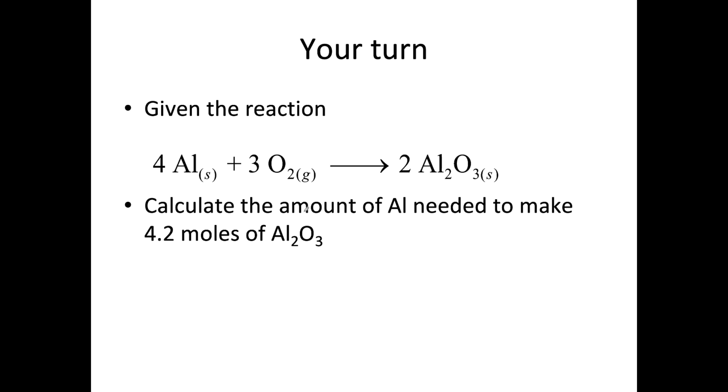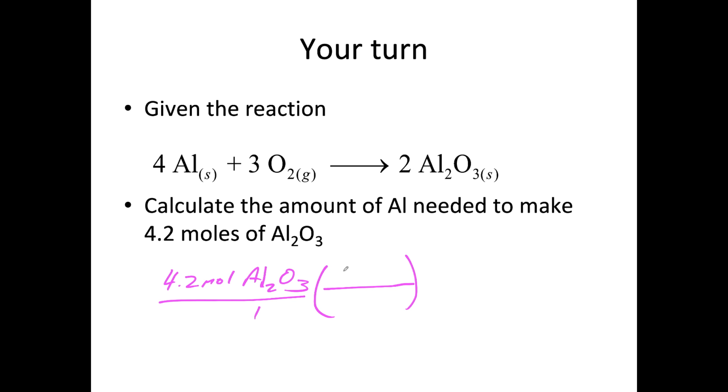Now here's another reaction for you guys. We have 4 moles of aluminum and 3 moles of O2 to make 2 moles of Al2O3. We need to make 4.2 moles of aluminum oxide. How many moles of aluminum do we need?